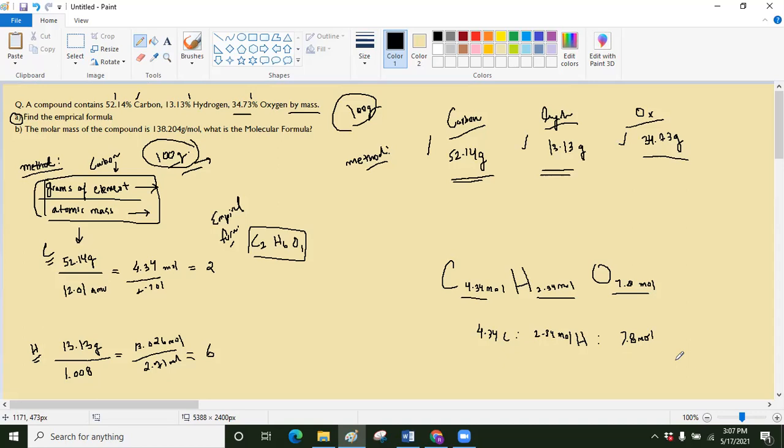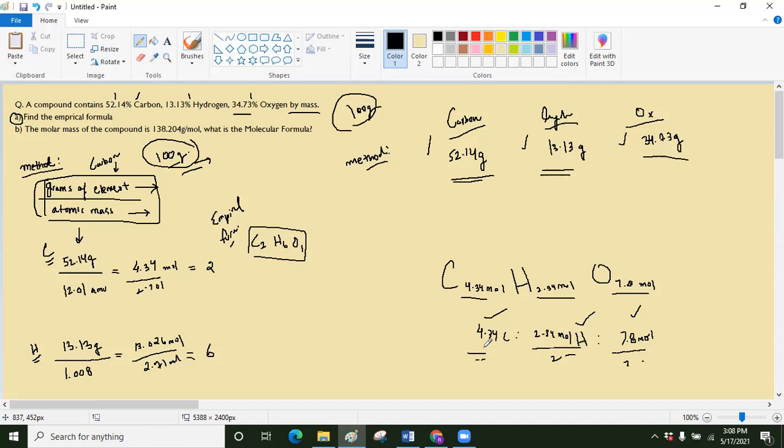Its bare value would be the same. And so if I can divide each of these numbers by any number that I want, why not make it a number which can give me a whole number? So if you take the smallest number, 2.34 moles here, and divide each of them by this, I would obviously get a whole number back.